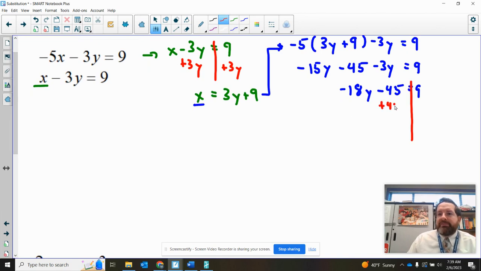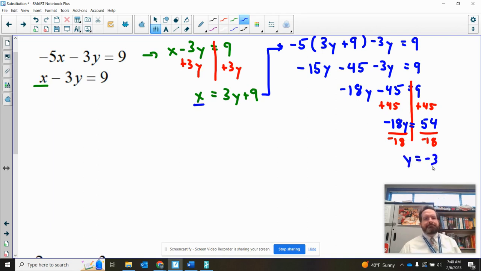So a plus 45 and a plus 45. What we then have is those go to 0, so negative 18y equals 9 plus 45 is 54. Divide by negative 18, divide by negative 18, and check it on a calculator if you like. Y should end up being negative 3.